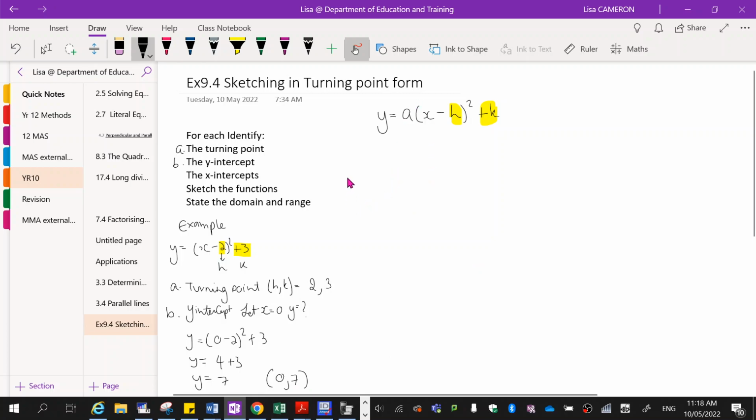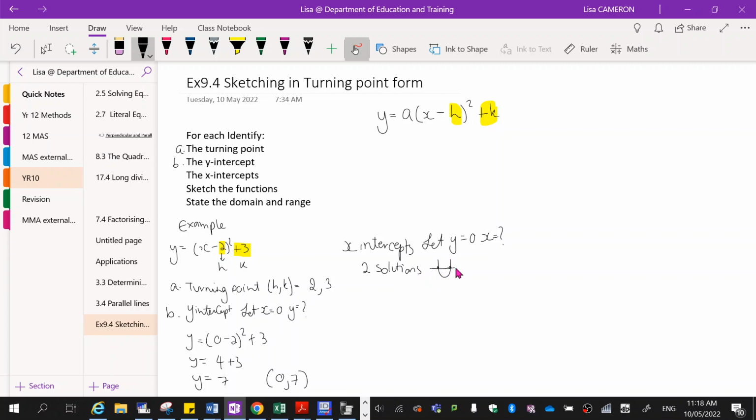So next thing we're going to do is work out the x-intercepts. That means we're going to let y equal 0 and find out what x is. Now there's 3 different scenarios that can occur here. The first one is that you end up with 2 solutions, which means that your graph will look like this.